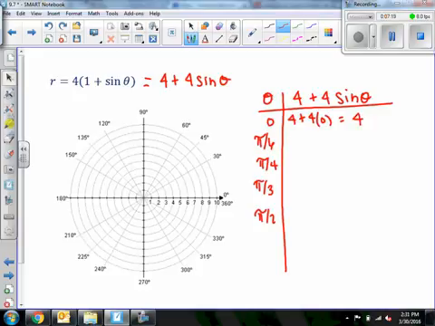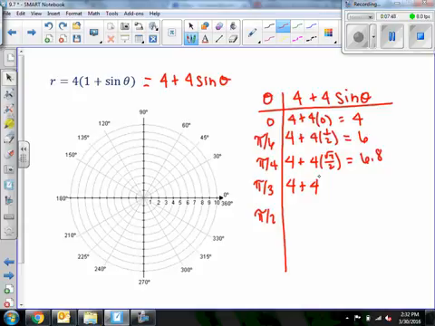π/6. Sine of π/6 is 1/2. So that becomes 4 plus 2, which is 6. Sine of π/4 is radical 2 over 2. So that becomes 4 plus 2 radical 2. 2 radical 2 we approximated to be about 2.8, so 4 plus 2.8 is 6.8. π/3 is 4 plus sine of π/3, which is radical 3 over 2.